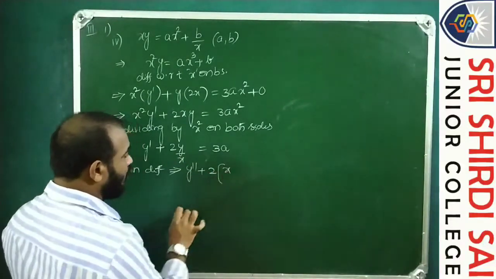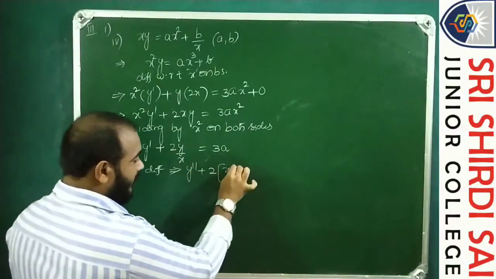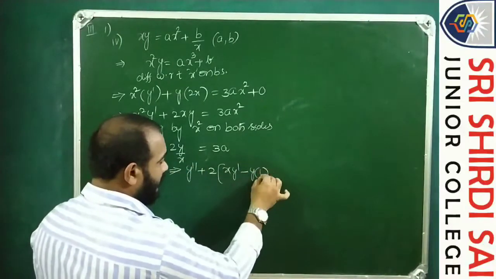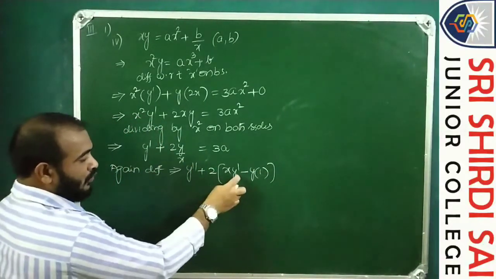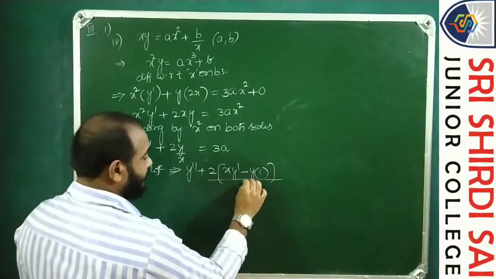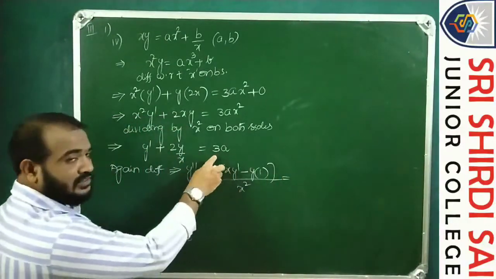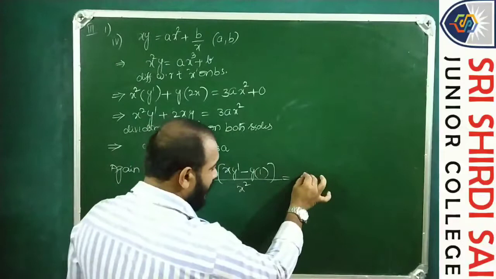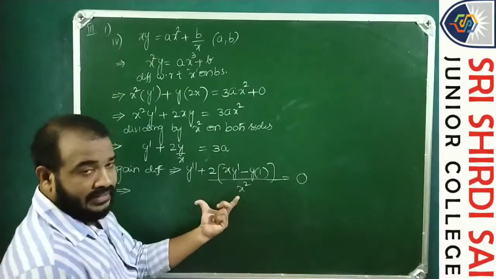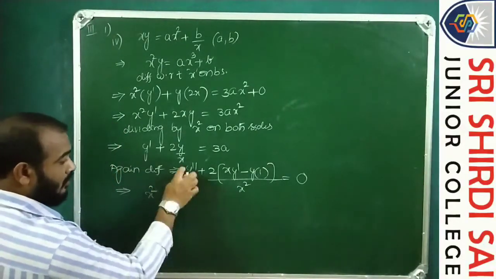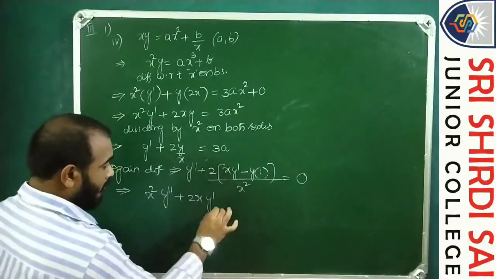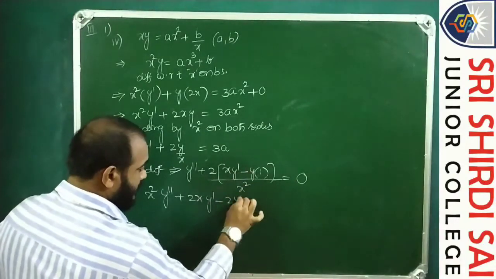This is x into d by dx of y, which is dy by dx, that is y dash, minus y into d by dx of x, which is 1, by v square, x means x square. So 3a is a pure constant which is free from any variable, therefore its derivative is 0. Now if you take the LCM, then x square y double dash plus 2x y dash minus 2y is equal to 0.